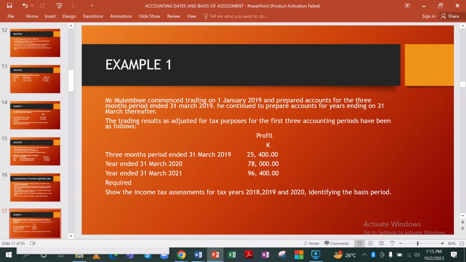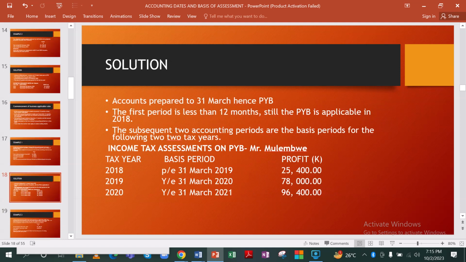Let's look at the important points to note in sorting out this problem. Accounts prepared to 31st March have preceding year basis. The first period is less than 12 months. Still, the preceding year basis is applicable in 2018.